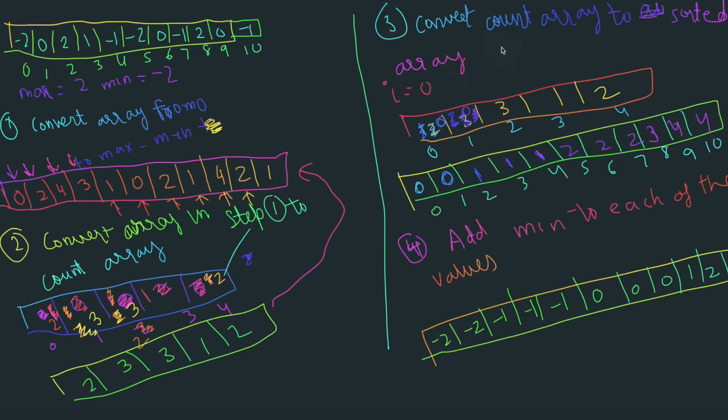Next, we convert the count array back to a sorted version of the array in step 1, and next we get the original array by adding the minimum to each of these values. So this basically gives us the sorted array, and the technique we used here is count sort.